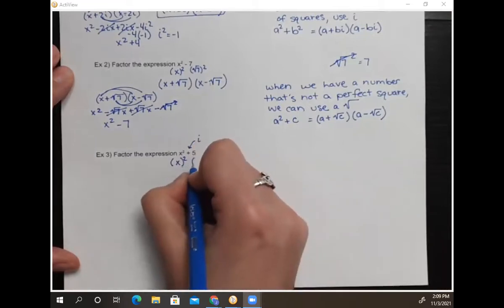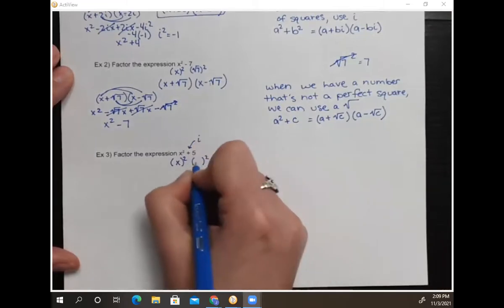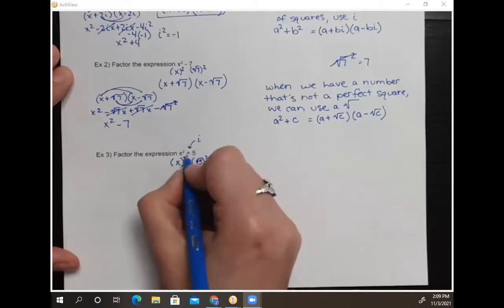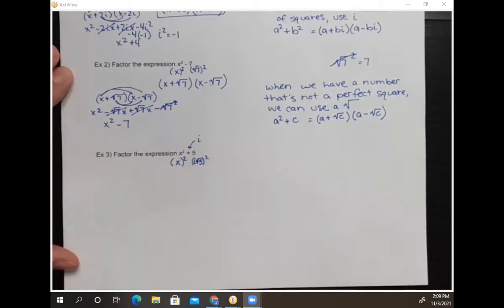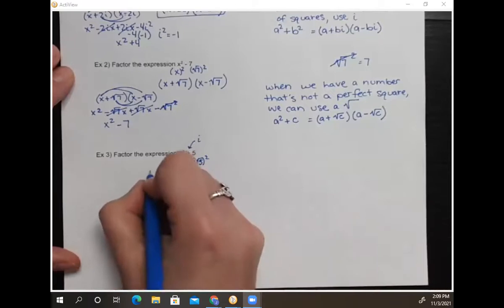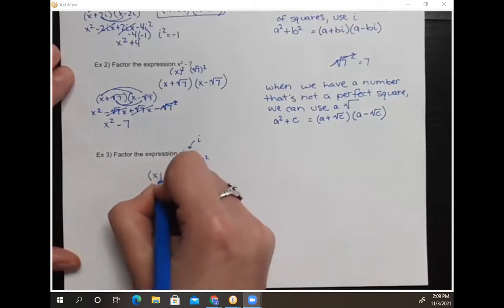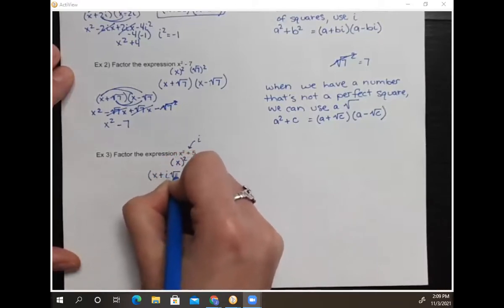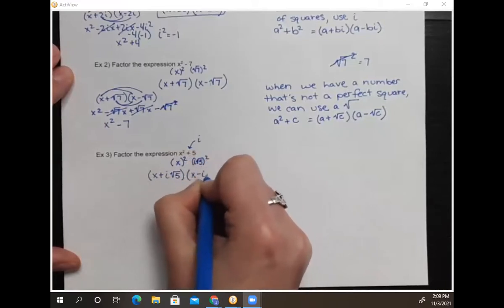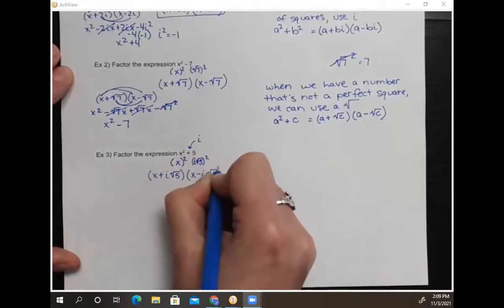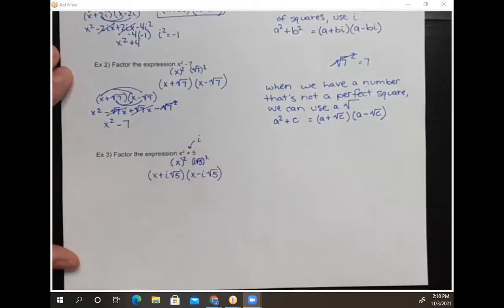If I asked, what did I square to get 5? You could tell me square root of 5. And since it's a sum, you're going to tell me i square root of 5. So we're using both of those tricks here. So this would give me x plus i root 5 and x minus i root 5. That would be our factored form.